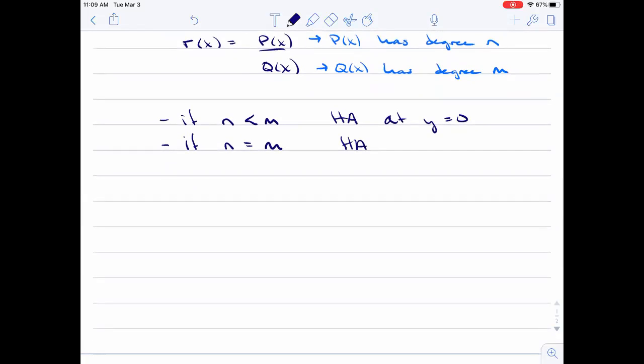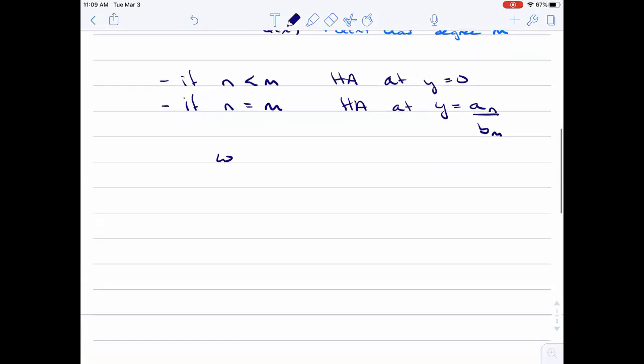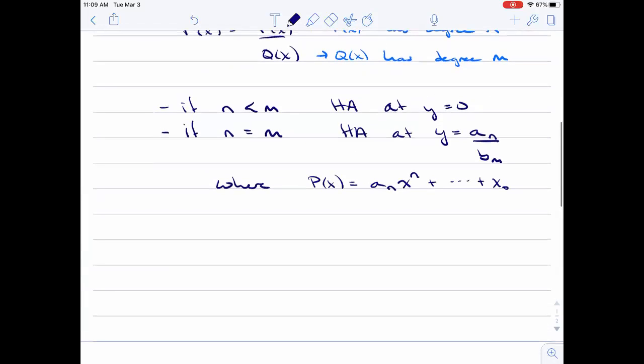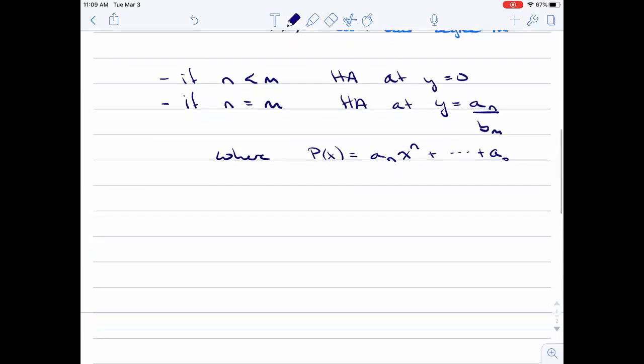Then we have a horizontal asymptote at y equals a_n over b_m, where we'll just clarify, right? p of x is a_n x to the power of n plus all the way up to a_0, and q of x is b_m x to the power of m plus all the way up to b_0.